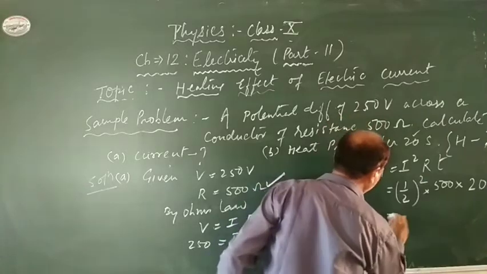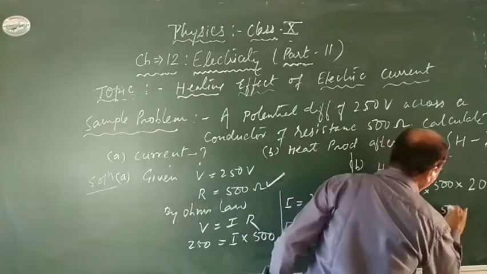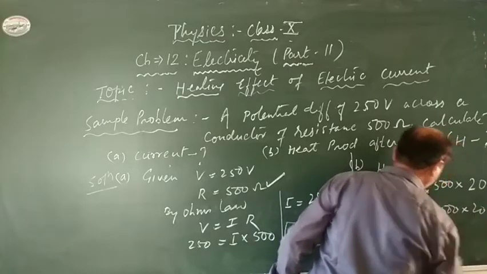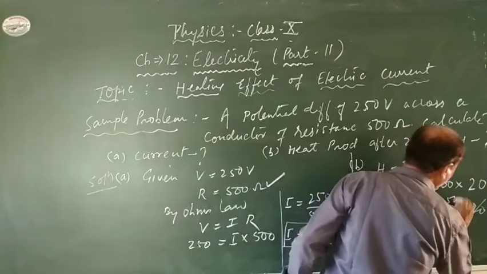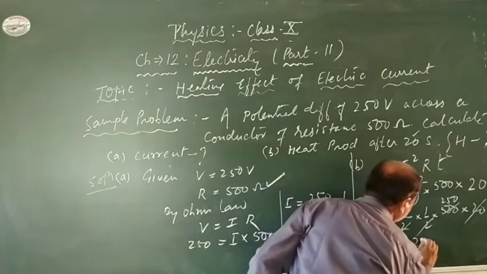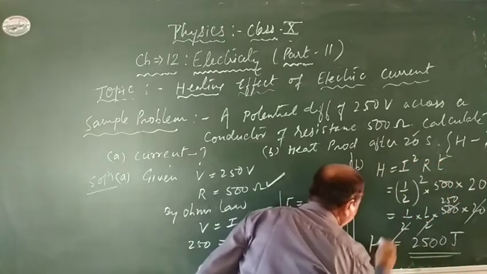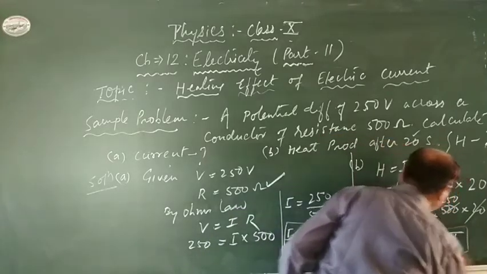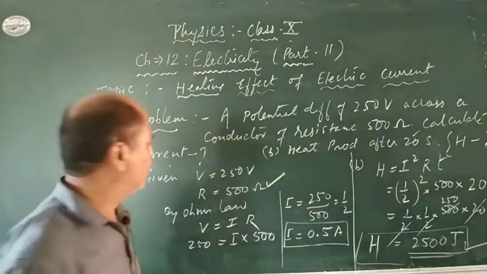So let us write 1 by 2 into 1 by 2 into 500 into 20. So 10 times, here we will write 250, and the final H is 2500 joules.